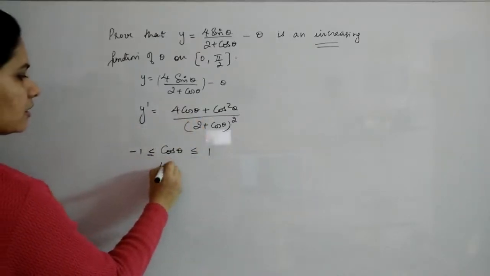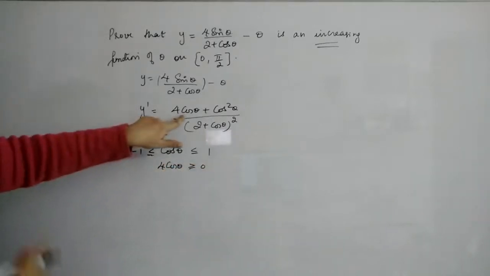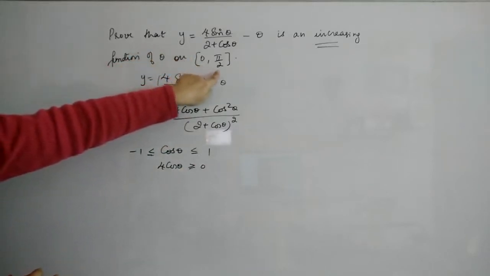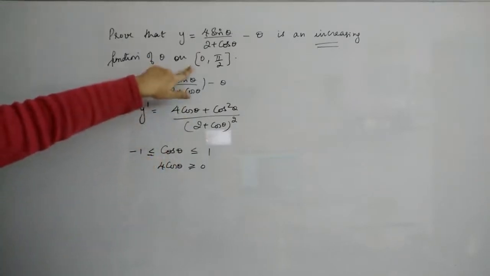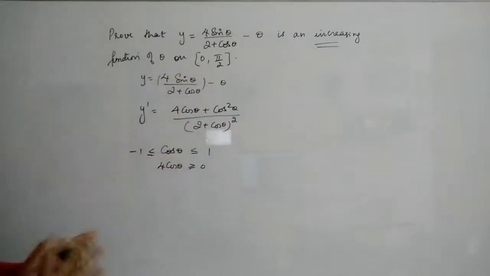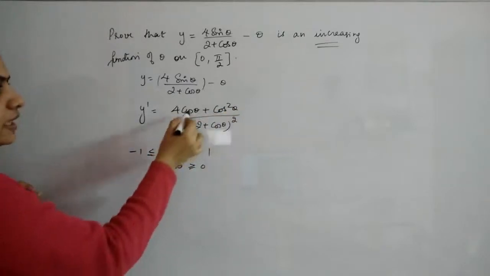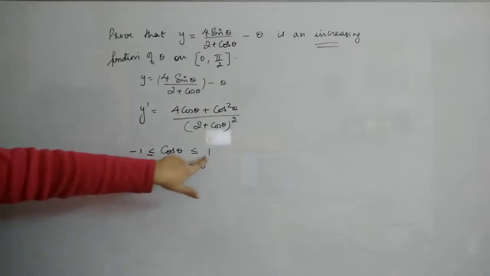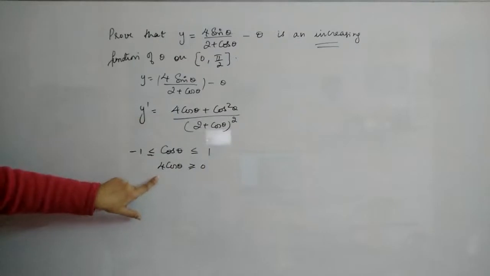It will be greater than or equal to 0 too, since we check on the interval 0 to pi by 2, where cos 0 and cos 90 give non-negative values. So 4 cos theta will be a positive quantity.